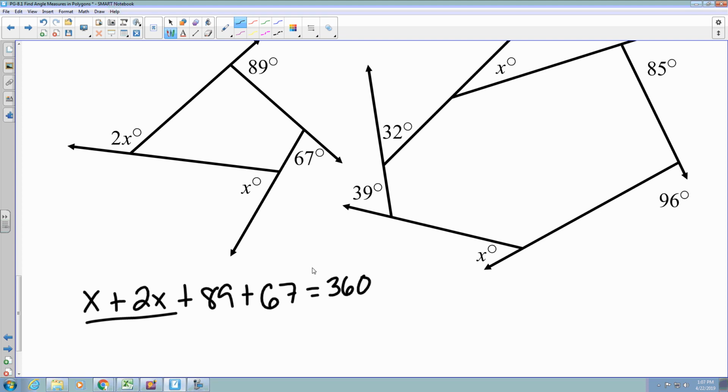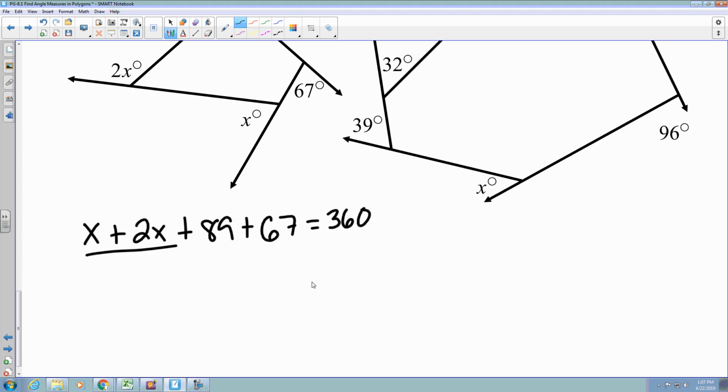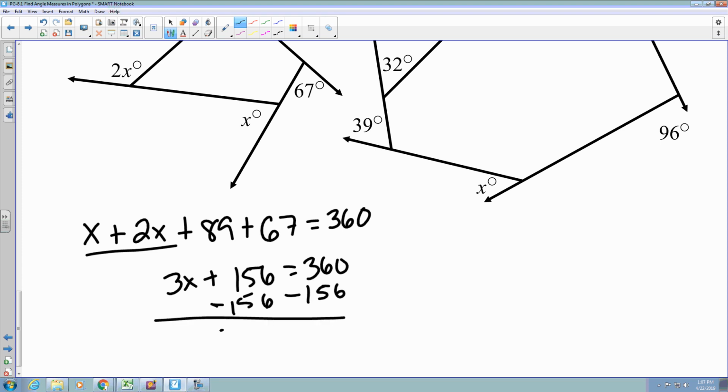So I got two like terms here, x and 2x, which is going to give me 3x, plus 89 plus 67. That's going to be 156, and that'll equal 360. So subtracting 156 from both sides, I got 3x equals 360 minus 156, and that's 204.